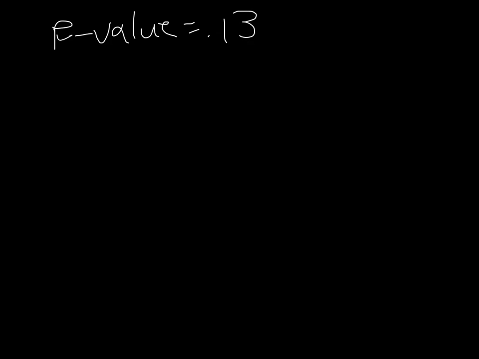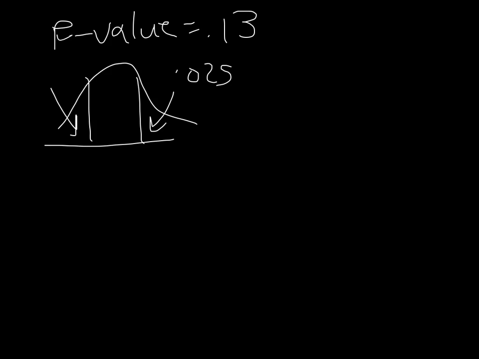So 95% confident means that I have 0.025 out here and 0.025 out here. And you would see that z equals 1.96, both positive and negative, cuts off the middle 95%.